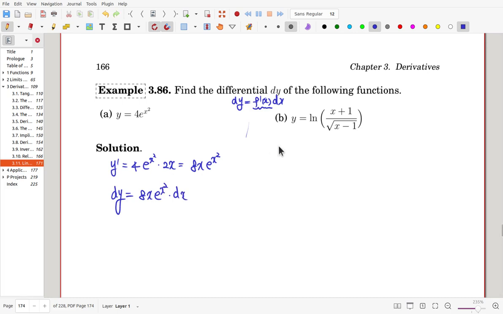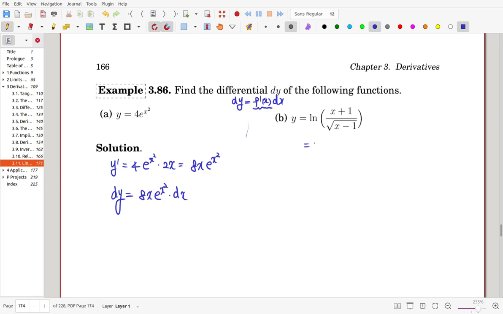Now, we have to find the derivative, but if you try to do it directly, then it's a little bit complicated. Rather than that, by using laws of logarithm, we can manipulate this logarithm in a better way.